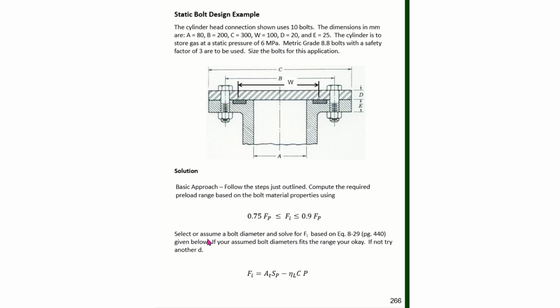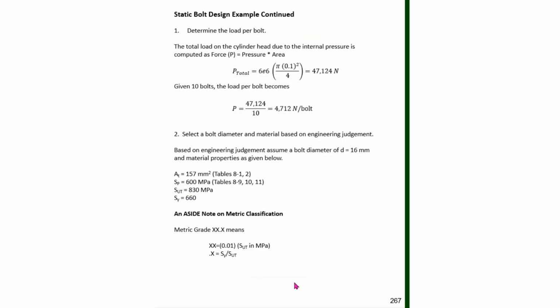We'll need to select or assume a bolt diameter and solve for Fi based on equation 8-29, page 440, which is also given below down here. Then if our assumed bolt diameter fits the range, we're okay. If not, we'll try another d. So that's the basic process that we're going to follow.